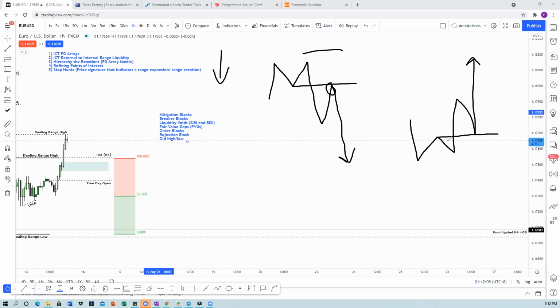When price breaks higher like this, here is your bullish mitigation block. Your stop loss is here and your take profit is at a point where it's comfortable for you, but it should be a logical point in which profit should be taken. So that is a mitigation block.